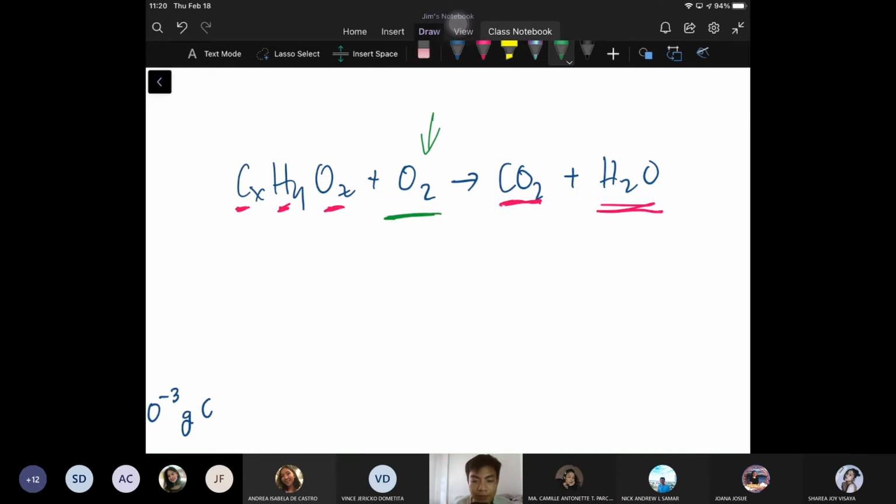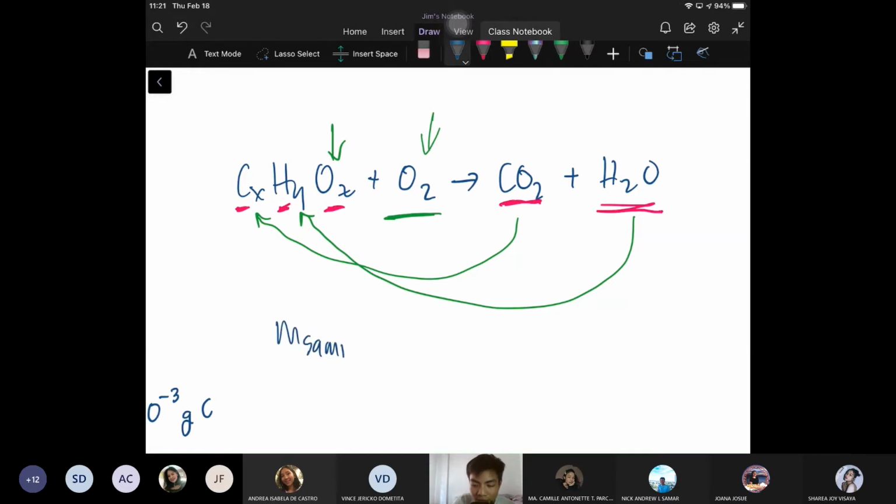Ayan, okay. Basta ganun. Kapag combustion analysis, most of the time, ang makukuha mo lang directly is yung CO2 to carbon, H2O to hydrogen. To get yung oxygen, may isa pang step dyan. No? Although, madali lang naman yung step na yun. No? Kasi ganito. Remember, yung mass ng sample mo, that is equal to the mass of carbon sa iyong sample, mass ng hydrogen sa iyong sample, and lastly, mass ng oxygen, di ba?